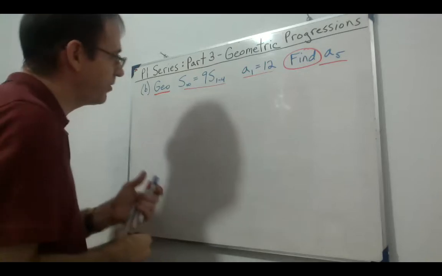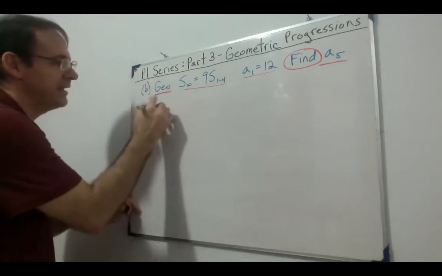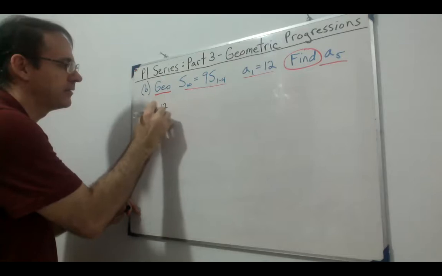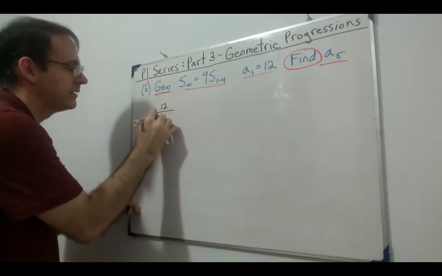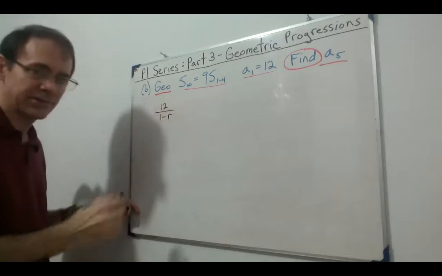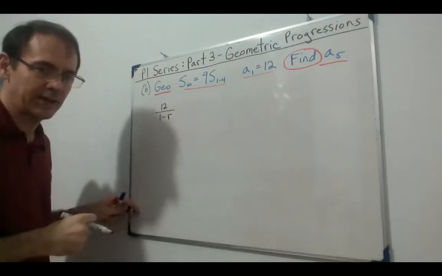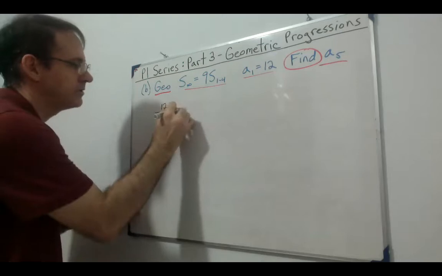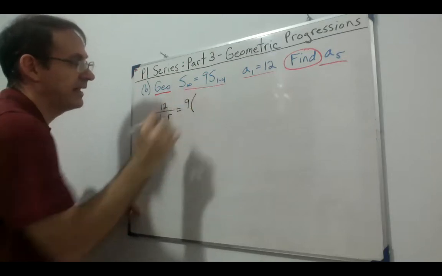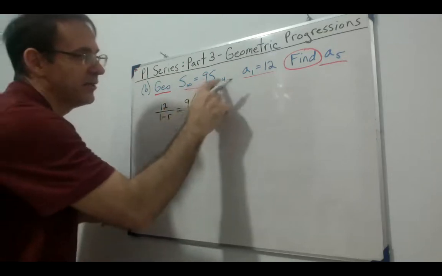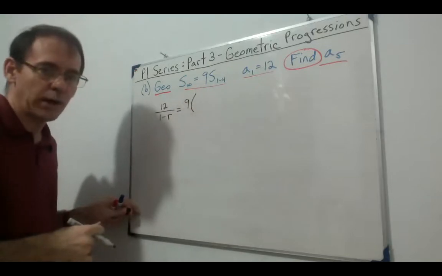So we start with our sum to infinity, which is A1 over 1 minus R. There's our formula for sum to infinity with the information that we have available, equals 9 times the sum of 1 to 4.